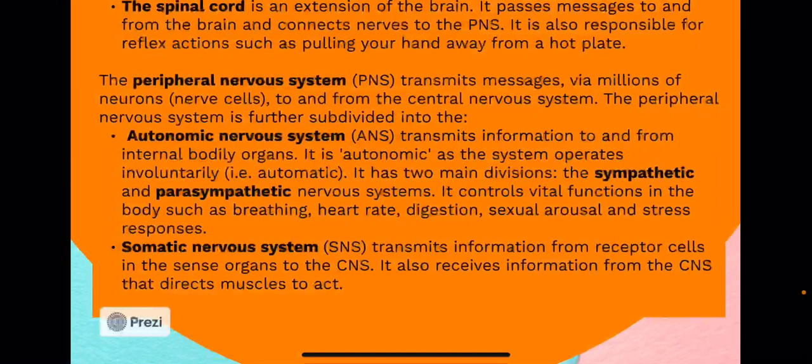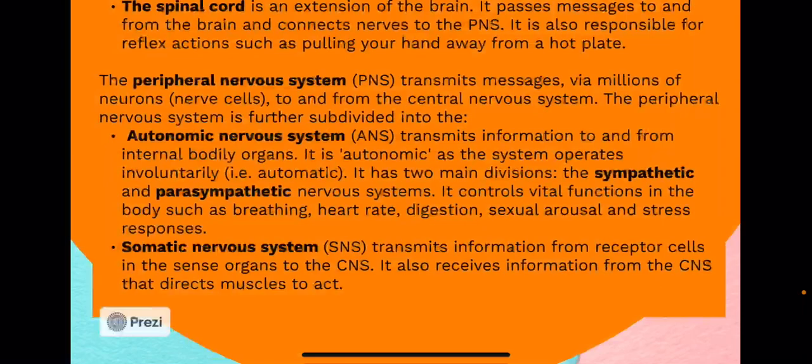The peripheral nervous system transmits messages via millions of neurons to and from the central nervous system. It is further subdivided into the autonomic nervous system, which transmits information to and from internal body organs. It is automatic as the system operates involuntarily.